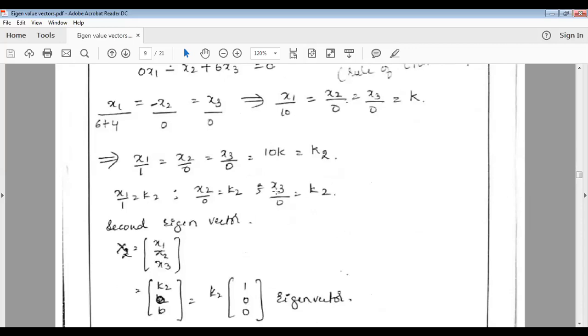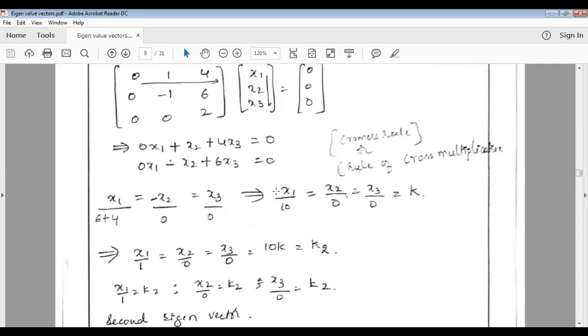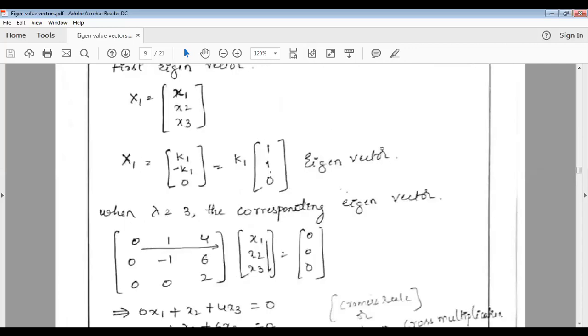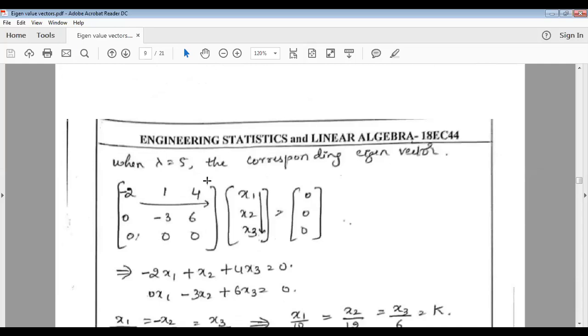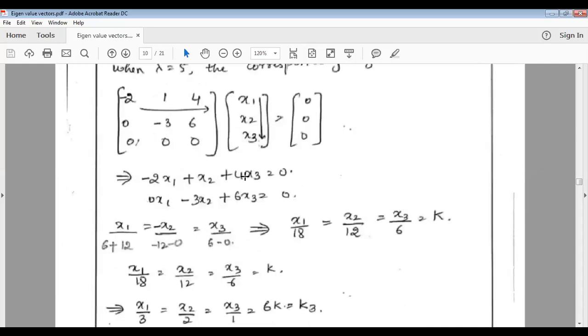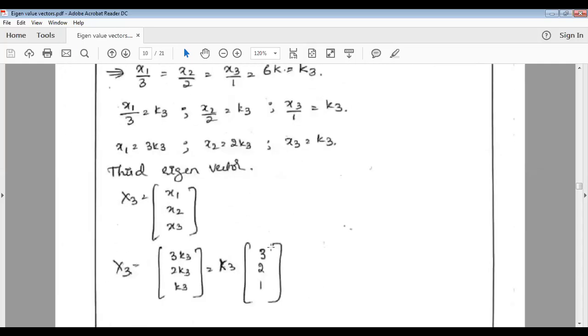So you have three eigenvalues, 2, 3, and 5, and corresponding to 2, we have found eigenvector x1. Corresponding to 3, you have found the second eigenvector 1, 0, 0. And similarly, corresponding to eigenvalue 5, you'll also find another eigenvector which is some 3, 2, and 1.